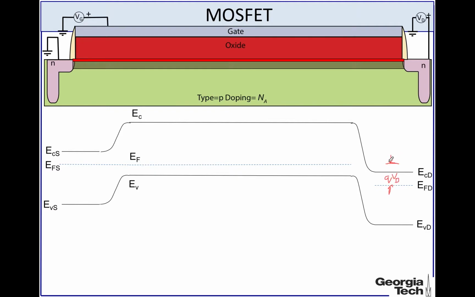Just for comparison, the red dotted curves are the energies before applying drain voltage, meaning that in these three red curves, VD equals 0, and the solid black curves have a certain VD. The gap between them is QVD, so all three gaps will be QVD.